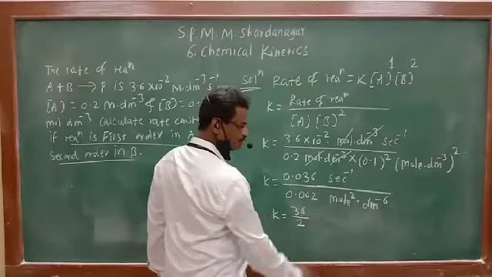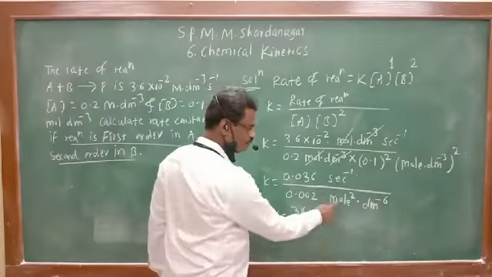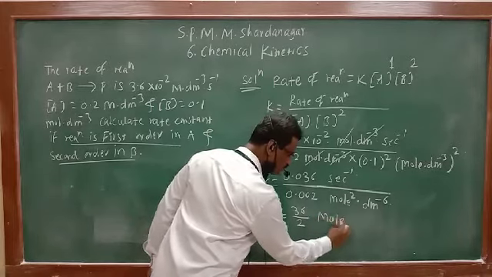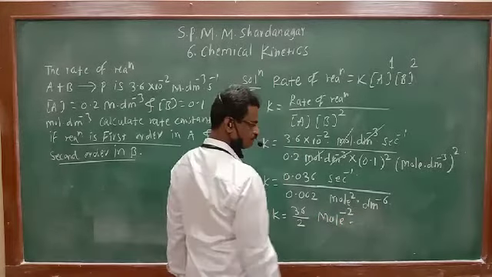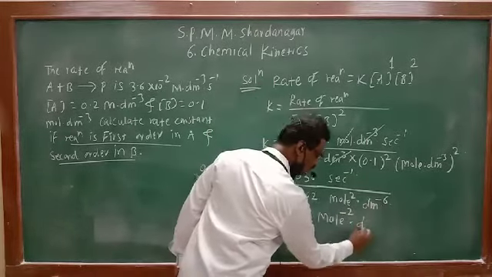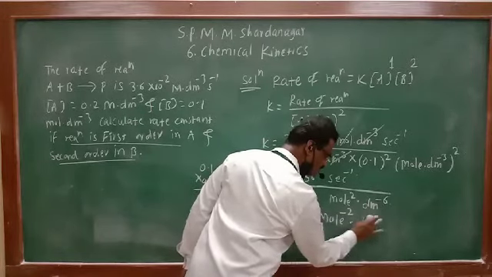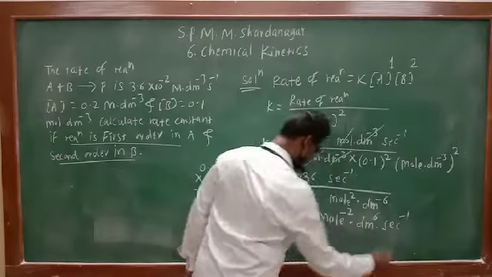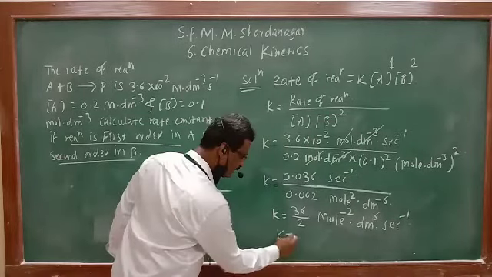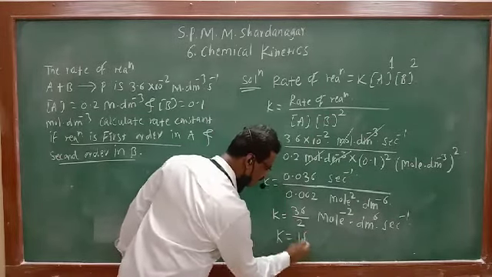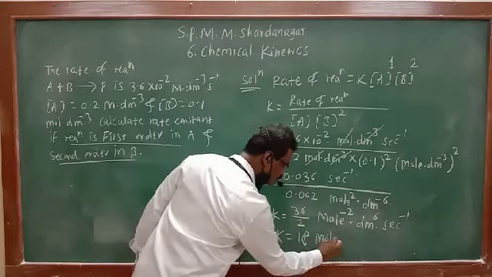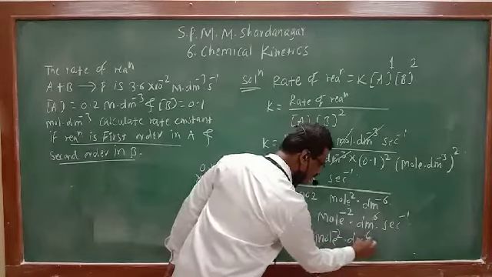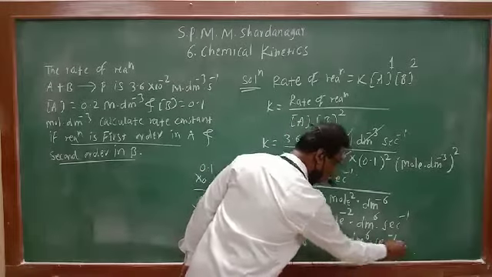Now the unit: mole square in the denominator becomes mole raised to minus 2 in the numerator, and decimeter raised to minus 6 becomes decimeter raised to plus 6, per second. So K will be equal to 18 mole raised to minus 2, decimeter raised to 6, per second.